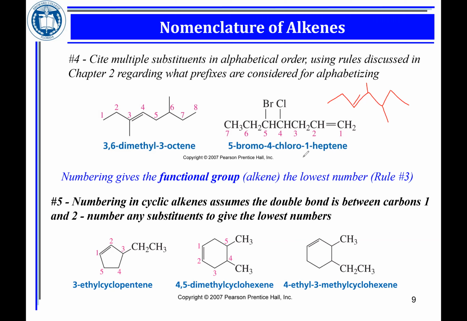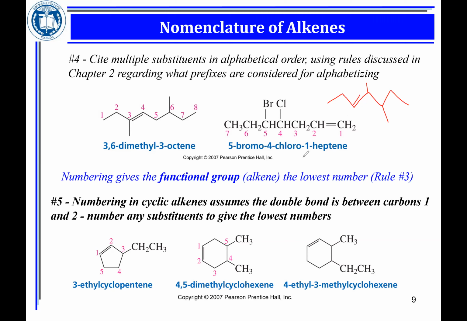Professor, I had a question about nomenclature. For the example you have up there, 5-bromo, 4-chloro, 1-heptene. If you had, let's say, 2 bromo groups, that would be dibromo, but would that put chloro in front of it because of the alphabetizing rule?